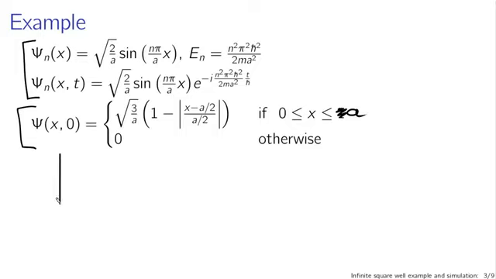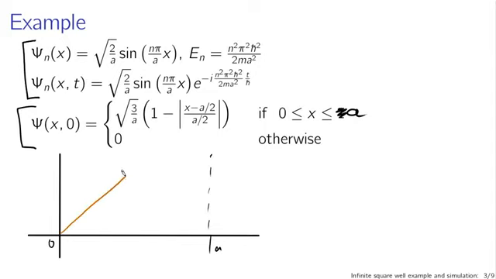But what the plot actually looks like, if I draw a coordinate system here, going from 0 to a, is this. It's just a tent, a properly built tent with straight walls going up to a nice peak in the middle. Our general procedure suggests that we express this initial condition in terms of these stationary states with their time dependence.